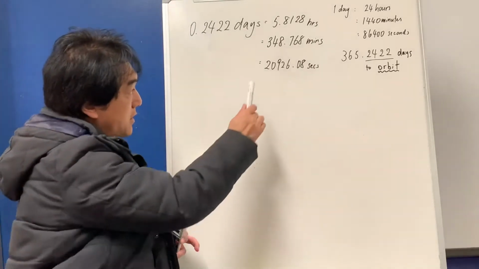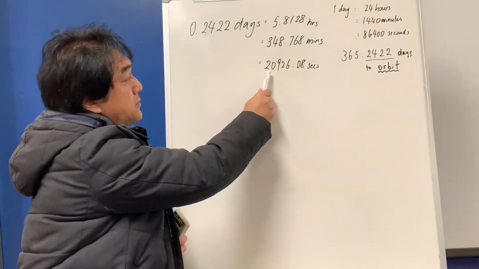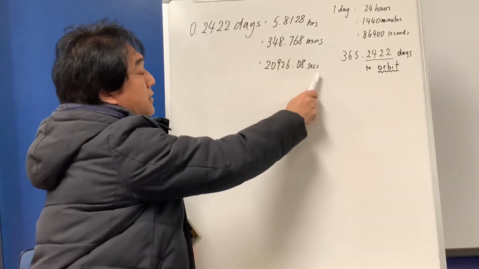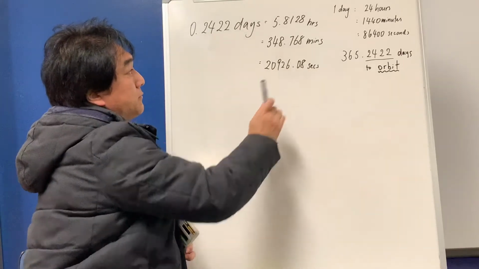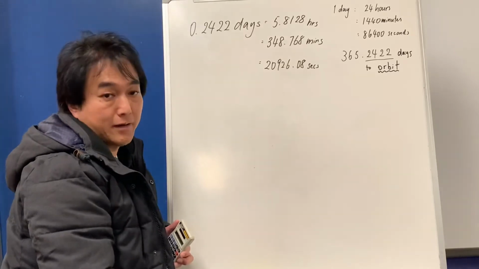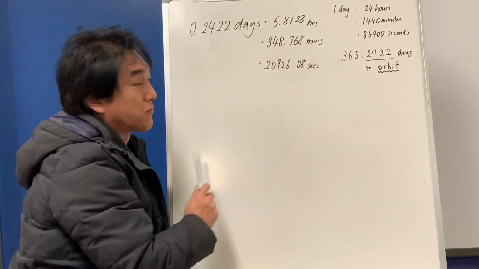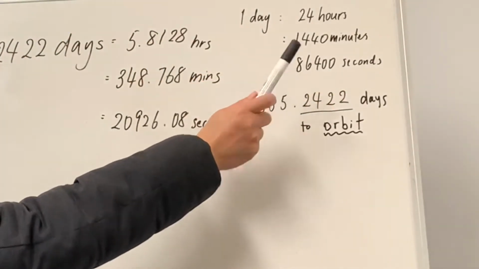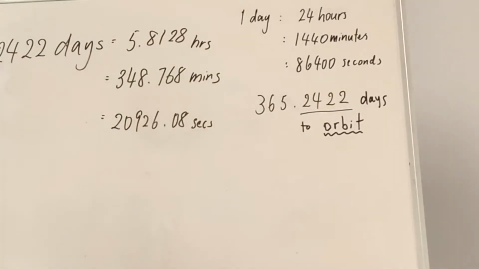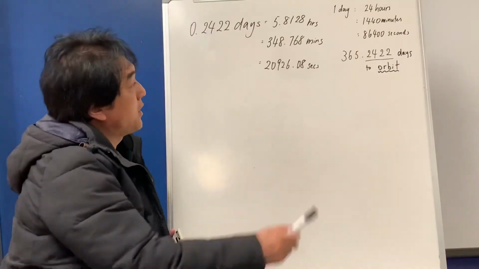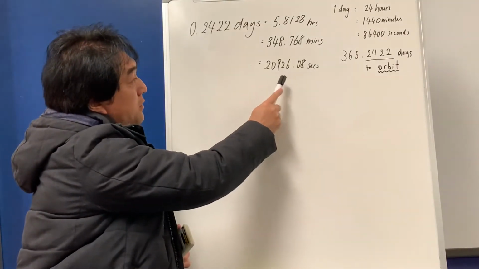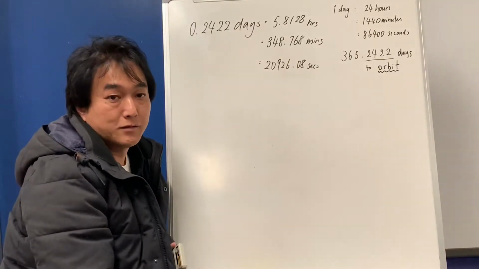So, how many years does this take to make a day? Maybe you have realized already, one day is 86,400 seconds. How many of these do I need to make about a day? So let's quickly pause the video.